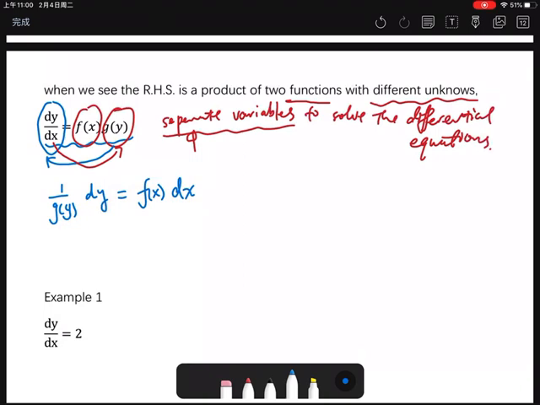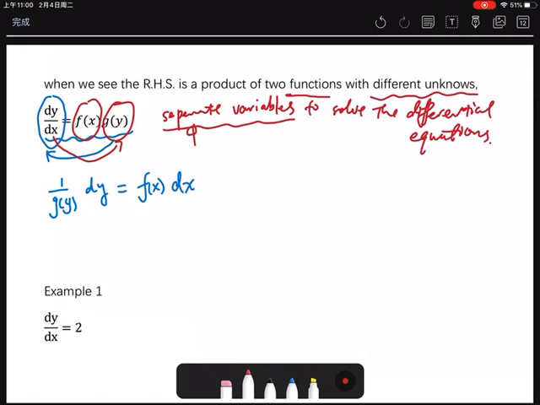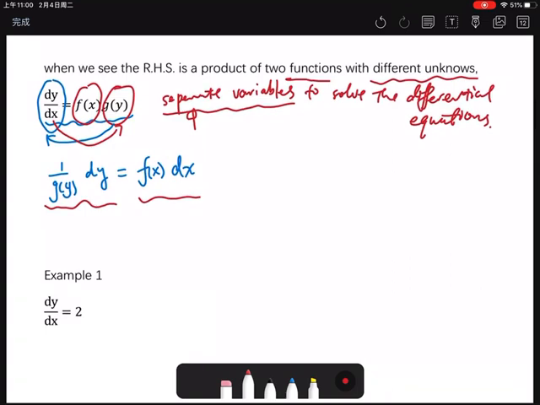Okay, so we separate the unknowns y and unknown x, and y is on one side and x is on another side. So now we can do integration on both sides at the same time.